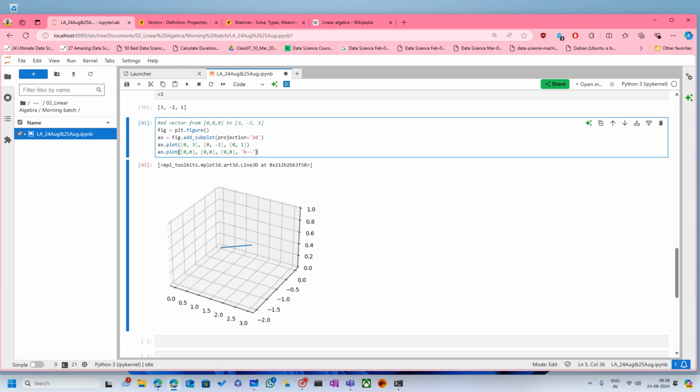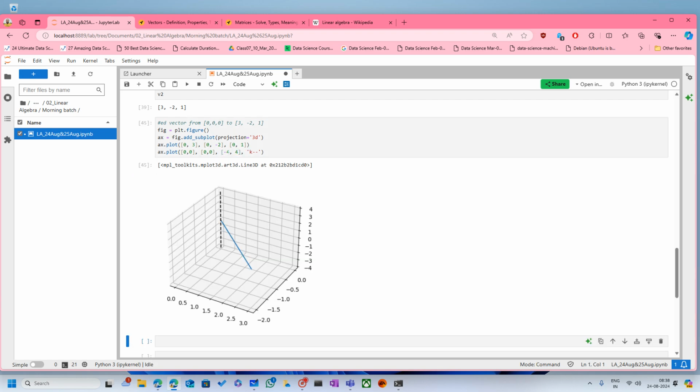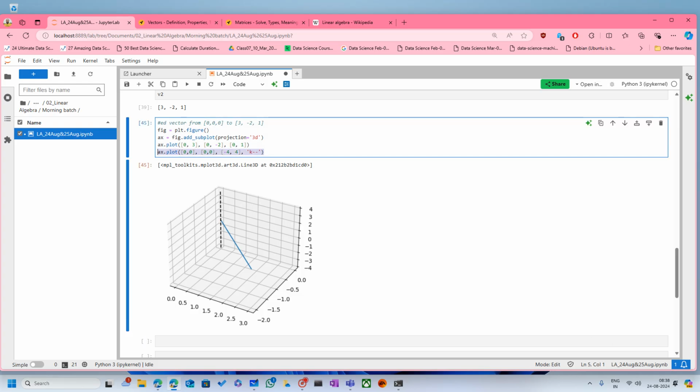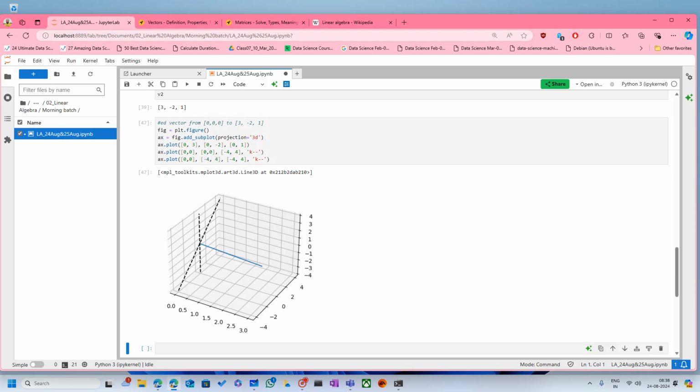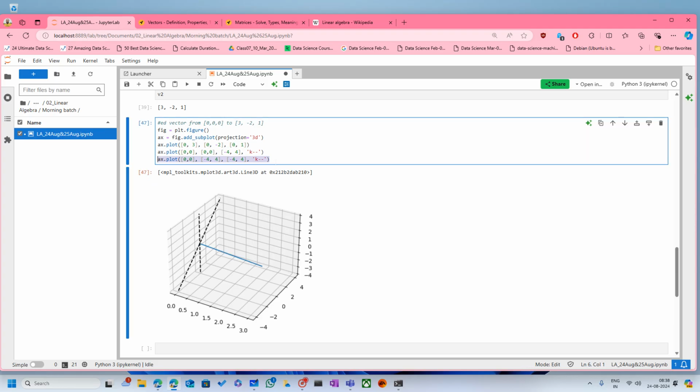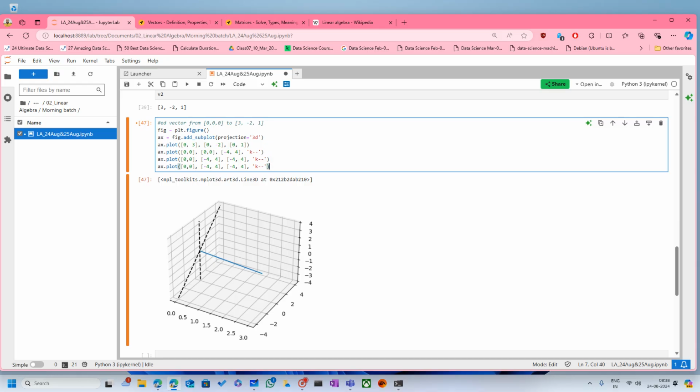Let me add the complete lines. This has to be the other points, minus 4 comma 4. Now you got the vertical line. To add the horizontal line, I will modify this point only, minus 4 comma 4. You got this line now. Now I will add another line.